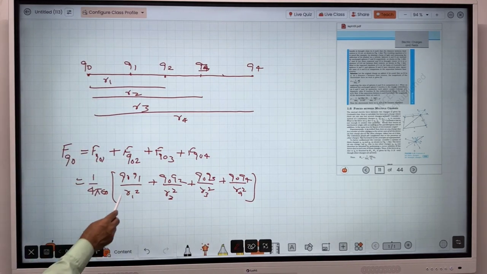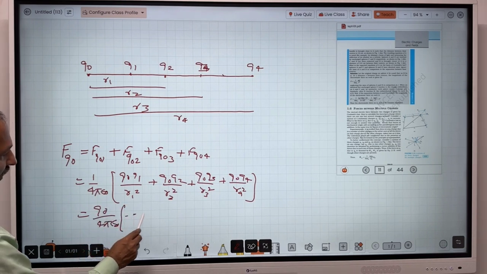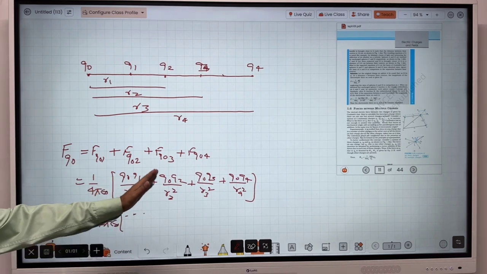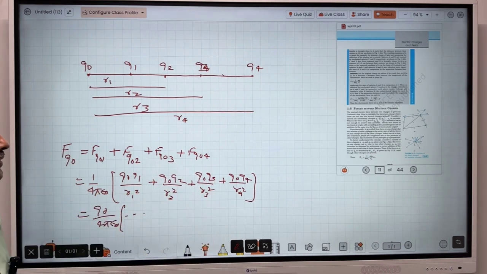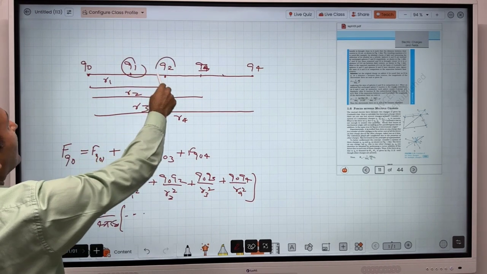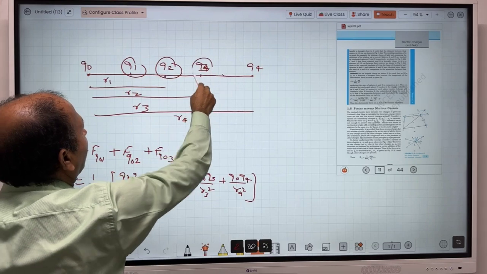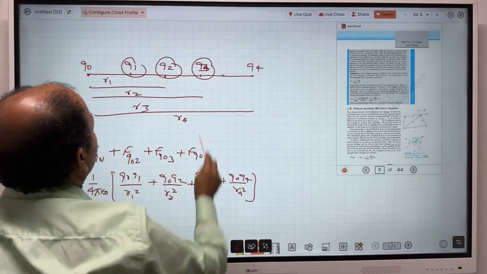So we can take out Q0 upon 4 pi epsilon naught, and then we can write Q1 upon R1 square plus Q2 upon R2 square plus Q3 upon R3 square plus Q4 upon R4 square. And this is how we can evaluate. So what do we conclude? The presence of another charge does not interfere, meaning does not disturb, the force between any two charges.